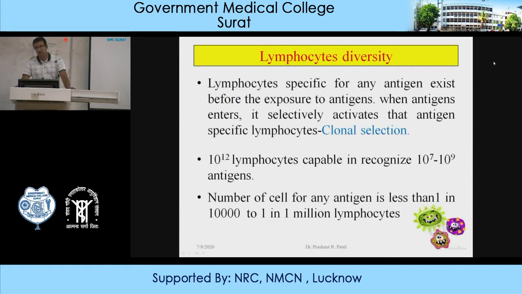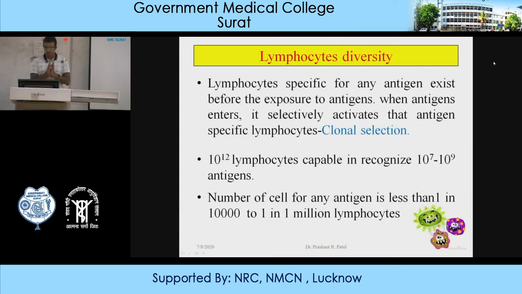That means there are thousands or lakhs of lymphocytes in the body, but for a particular antigen, only a few lymphocytes have receptors reactive against that antigen. Once this antigen is encountered, these selective lymphocytes are proliferated or activated.